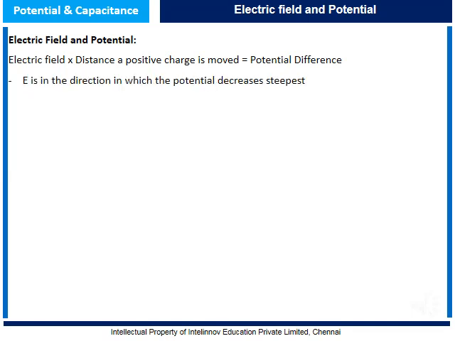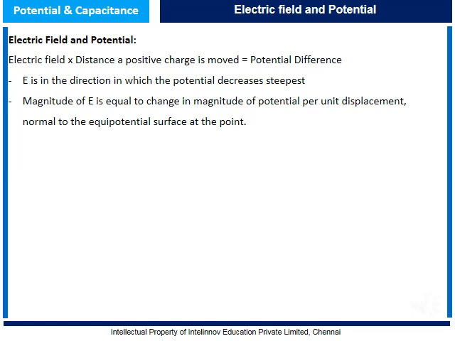Also, the magnitude of the electric field is equal to the change in magnitude of potential per unit displacement normal to the equipotential surface at the point. What is an equipotential surface? An equipotential surface is a surface with a constant value of potential at all points on the surface. You need to remember that electric field into distance is equal to potential difference, or electric field equals potential difference by unit displacement.